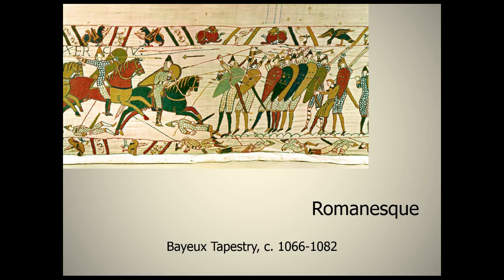It's very detailed. If you really look closely, it tells us the different types of weapons that they used during this battle, and the types of ships as well. There are different types of weapons, and the ships look different. Let me see if I have one of the ships.